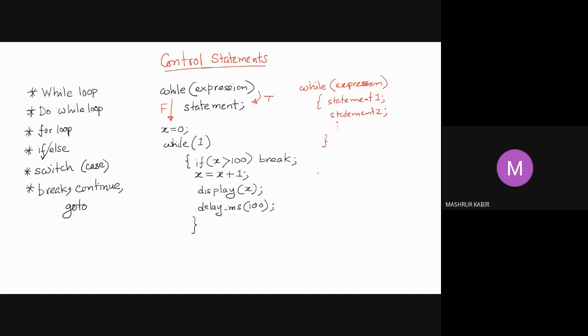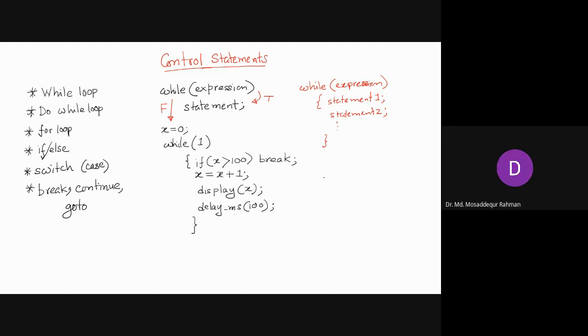It will stop. The program would stop after 100 is displayed on screen. After 100 is displayed on screen, it would completely stop and break from the while loop itself. The program will terminate.